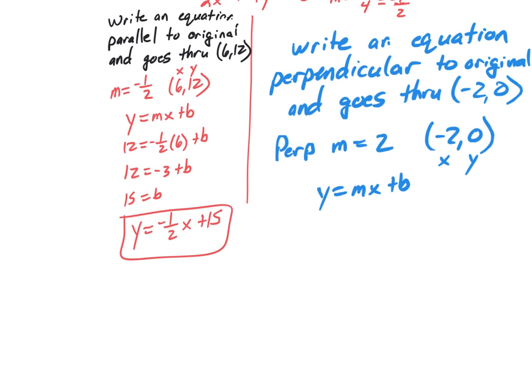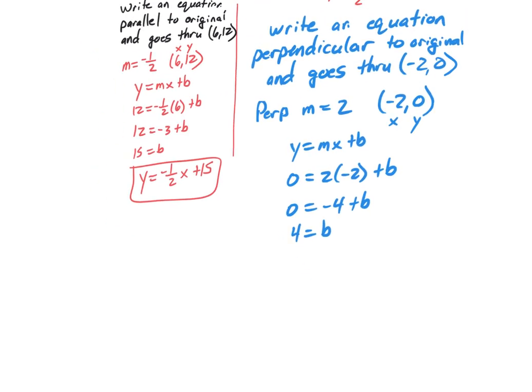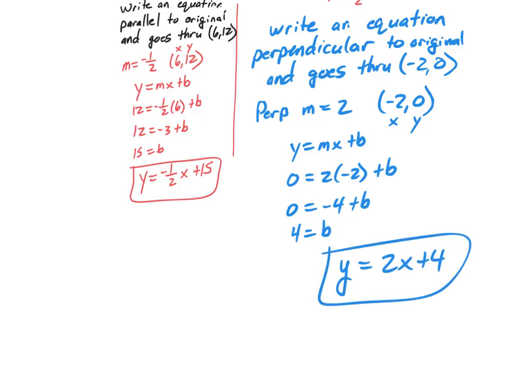So y is 0. Two times -2 is -4. And then I'm going to add 4 to both sides. And I get b equals 4. And that would be our equation.